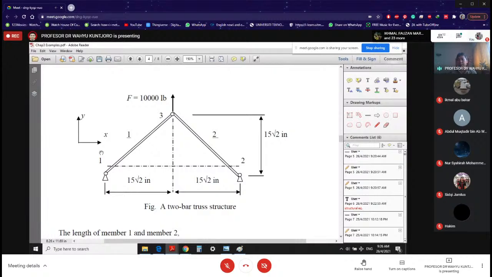They can be 0, they might not be 0, we do not know. We have to calculate first. F2x, F2y are also reactions. F3x is 0. It is not a variable, it is 0, because you don't see any applied force here. F3y is 10,000, positive.